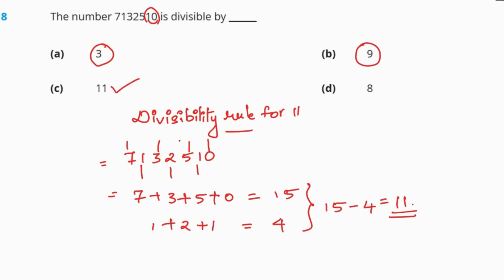After finding the difference, if we get a number which is divisible by 11, then the original number is divisible by 11. So here we get 11. 11 is divisible by 11. So we can say that this number is divisible by 11. The correct option is option C, that is 11. This number is divisible by 11 and not divisible by 3, 9 or 8.